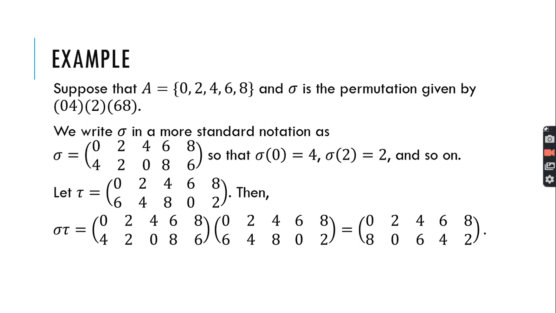And take note that we apply permutation multiplication from right to left. So 0 maps to 6, but 6 maps to 8. Therefore, 0 maps to 8. Next, 2. 2 maps to 4, but 4 maps to 0. Therefore, 2 maps to 0.